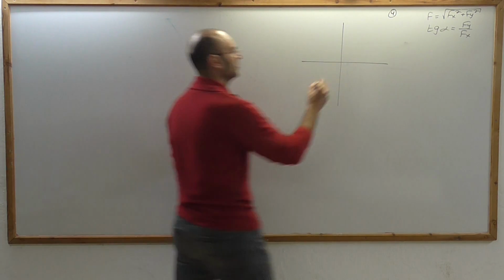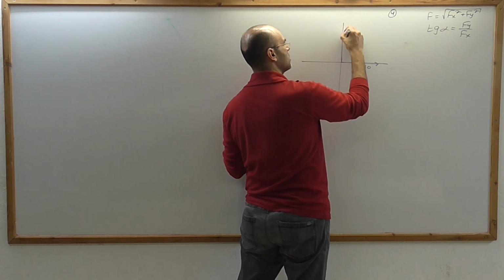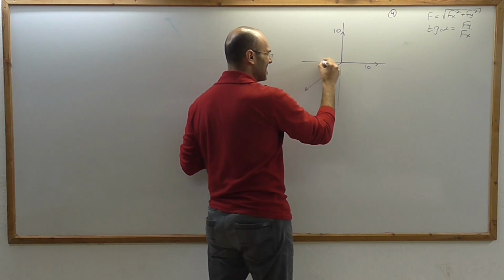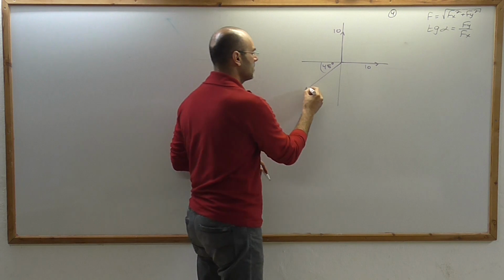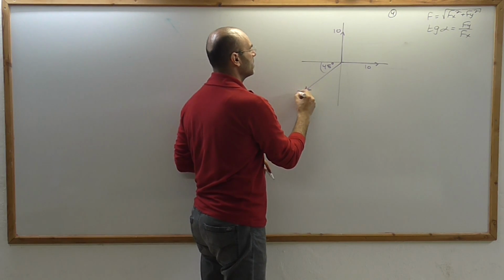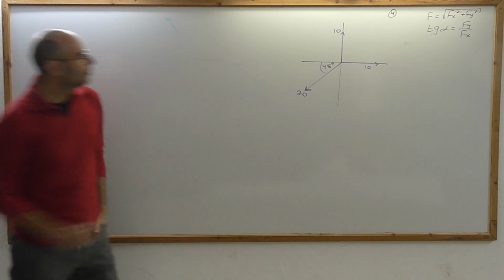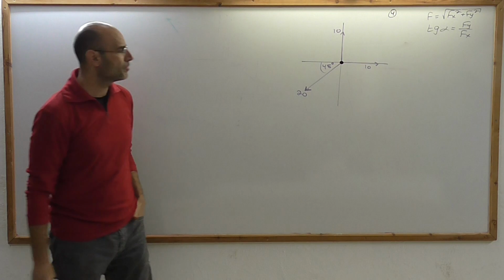More interesting. Let's say I have a force here of 10, a force here also 10, and the force here exactly 45 degrees, let's say 20. Okay. I want the resultant force.